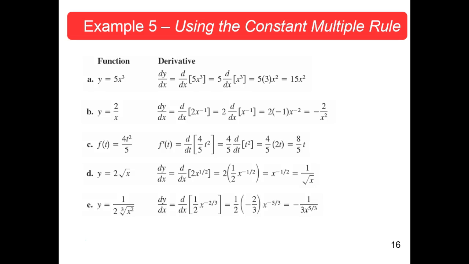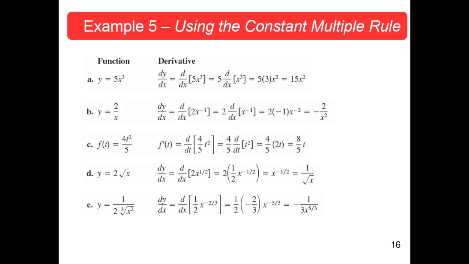Okay. 2/3 times 1/2 would be 1/3. The 3 is another number, right? So negative 1/3, because that was a minus 2/3.